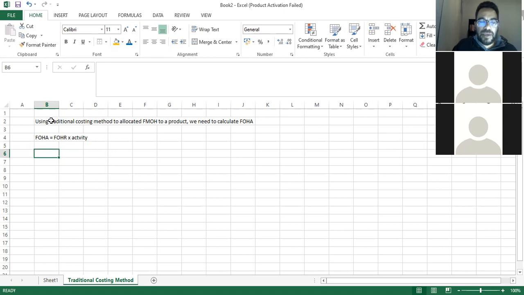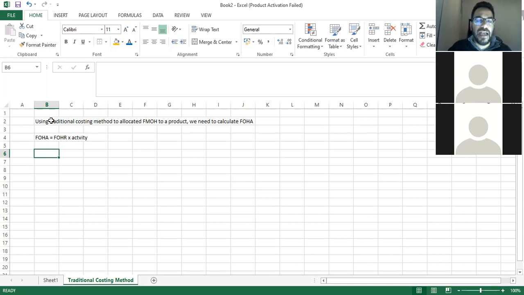So the amount we allocate for fixed overheads to a product is based on your fixed overheads applied. Fixed overheads applied is your fixed overhead rate, or your predetermined rate, multiplied by activity. Take note, predetermined: you determine the rate at the beginning of the year already.